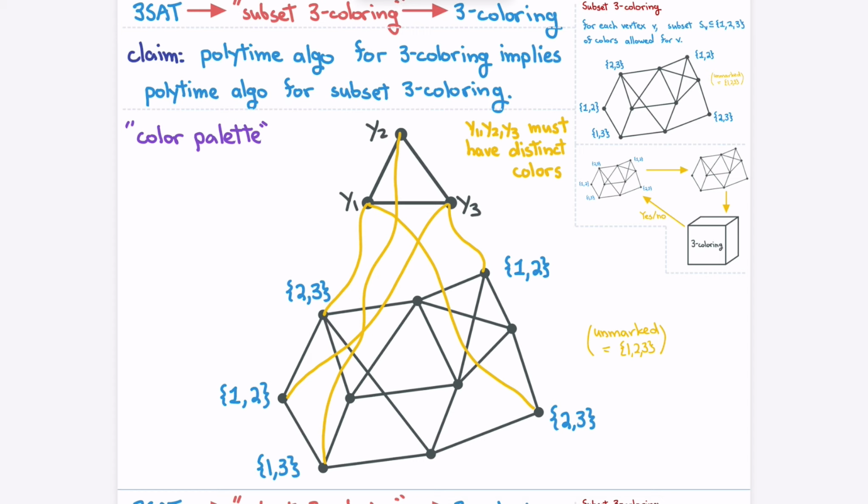Sorry, what was your question? Yeah. So if this vertex only had one, it would have two edges coming down from the palette saying, "Oh, you can't use two or three."